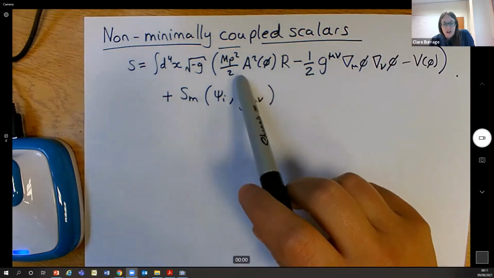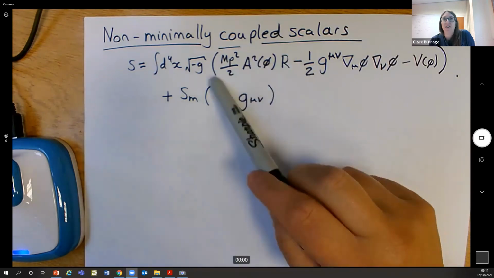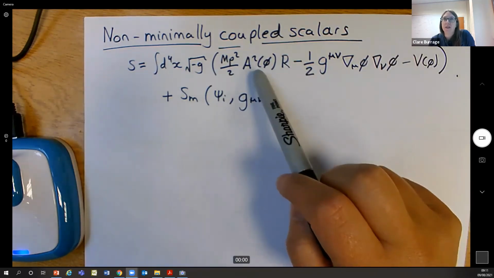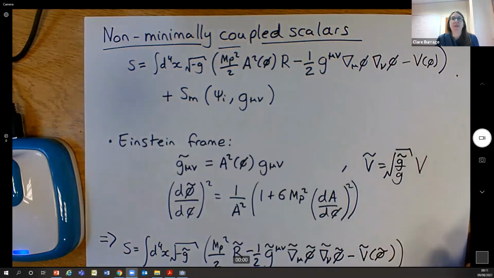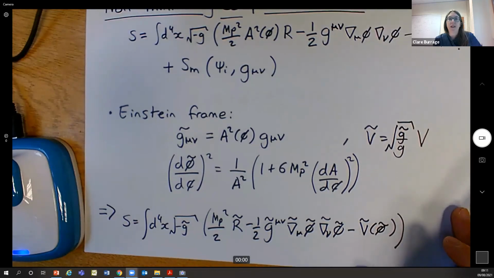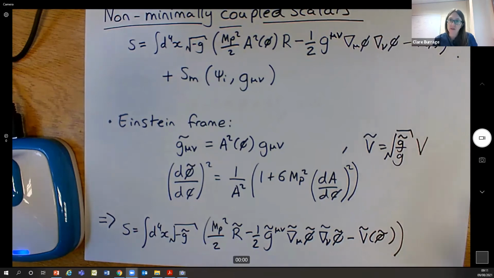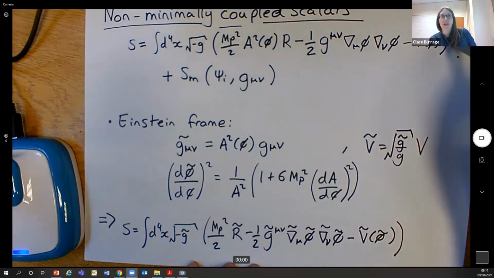And there's a question you can ask, which is, can I do a field redefinition to get rid of this interaction between my scalar field and the Ricci scalar? And what is interesting is that you can. So the language that we use to talk about this is that these are two frames, choices of frame to describe our theory. This is known as the Jordan frame, what we've started with here.